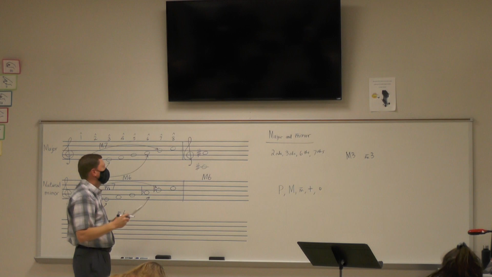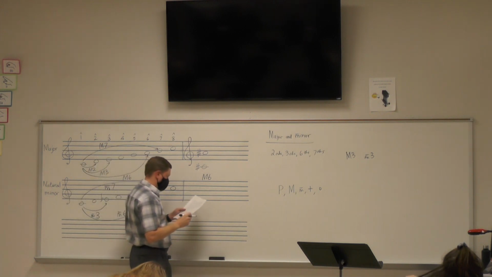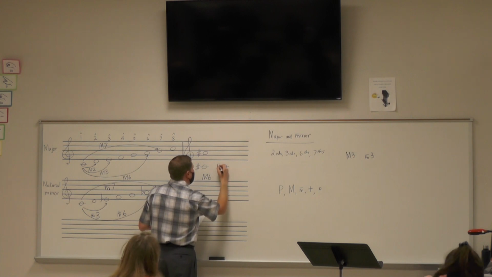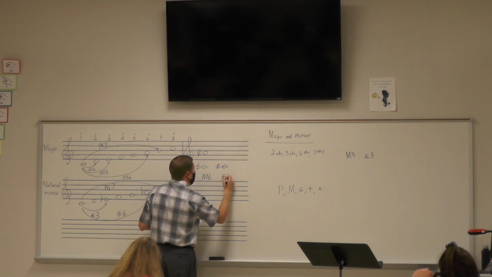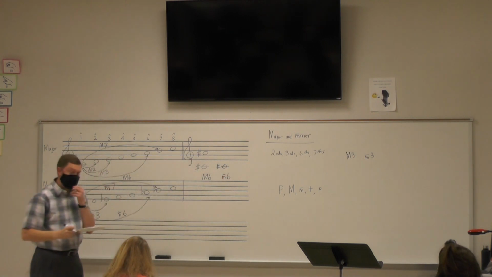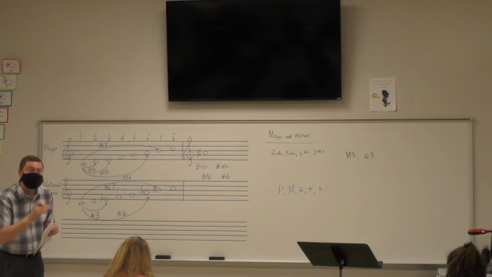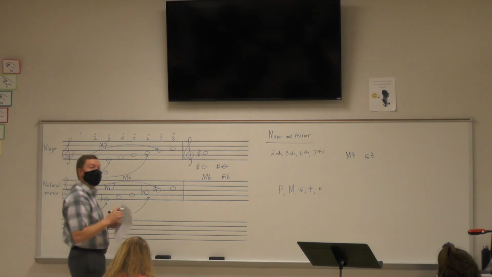I'm giving you that one. Now, how could I make this interval a minor sixth? What should I do to the A sharp to make it a minor sixth? Make it natural. Yeah, A natural.